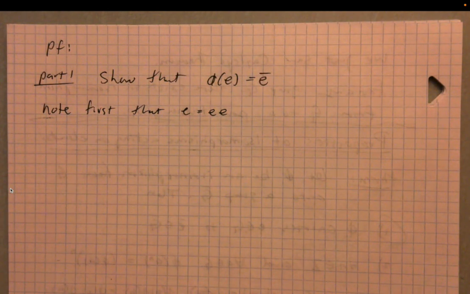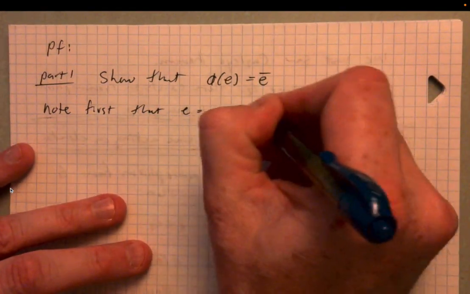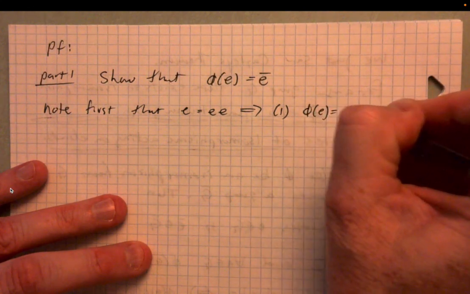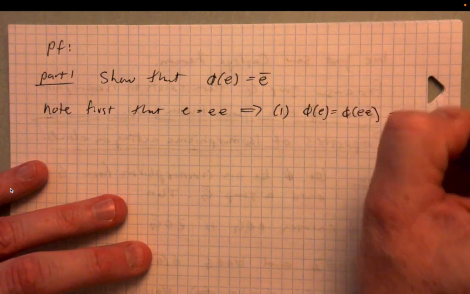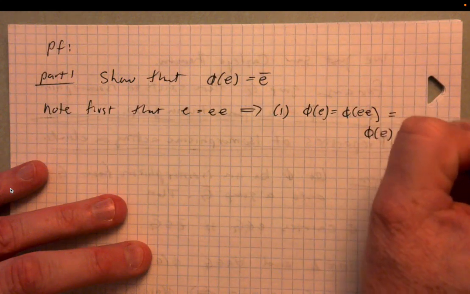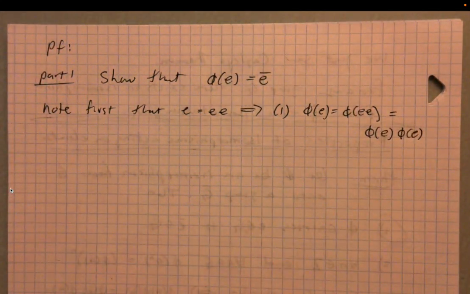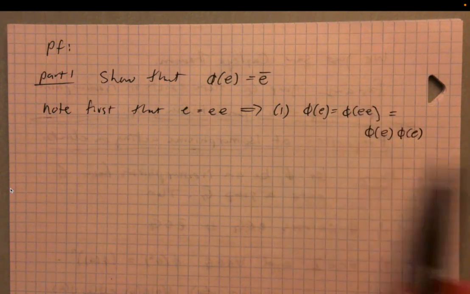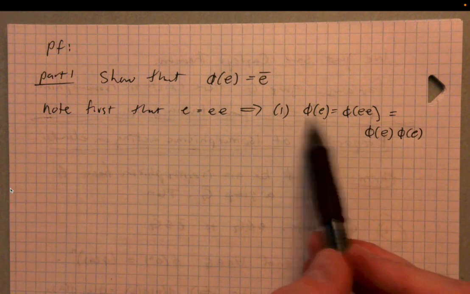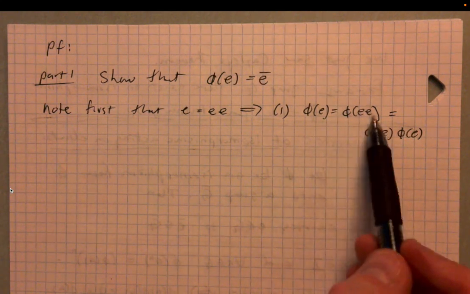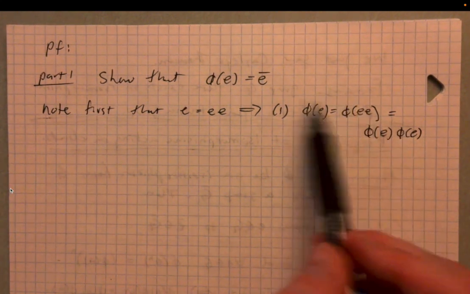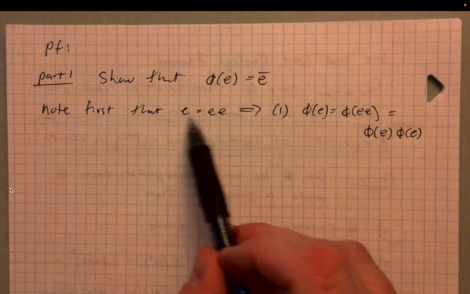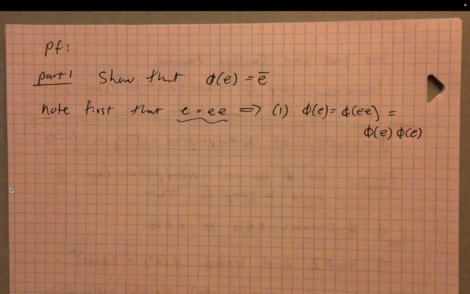So that being the case, we have that phi of E equals phi of EE equals phi of E times phi of E. This is just a consequence of isomorphism, since we're assuming that phi is an isomorphism, and the fact that E has this special property.